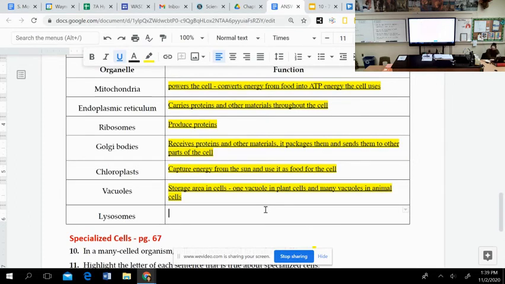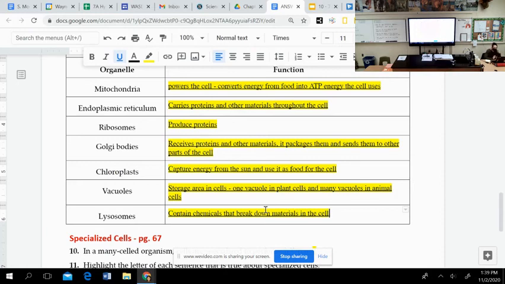And then lysosomes, what do they do? These are generally just found in animal cells. Some plant cells rarely have these, but you can find them. Gage? They break down certain materials from the cell. Right, yep. So they contain chemicals that break down materials in the cell.